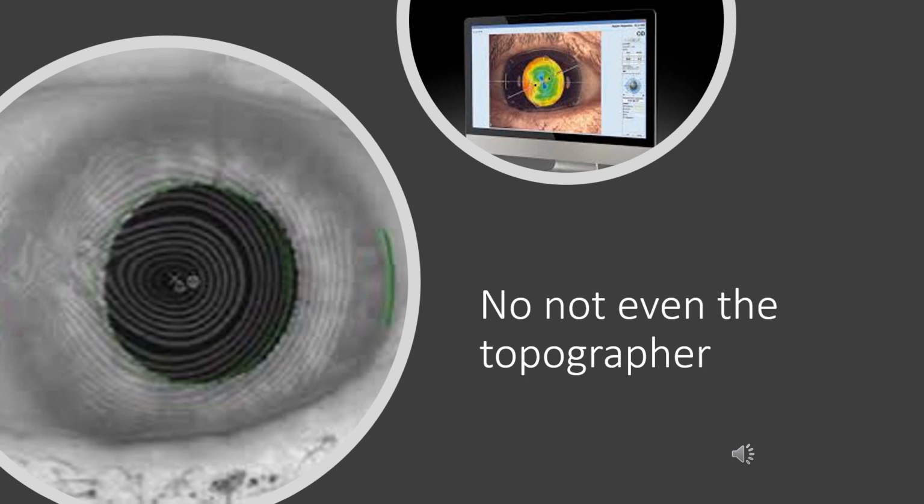Therefore, since we know that in myopic Lasik patients, the flattest portion is in the central 1 millimeter to 1.5 millimeter of the cornea, though the topographers measure a zone, yet it may not be able to give you the perfect K readings because they miss out the flattest portion of the central 1 millimeter of the cornea.